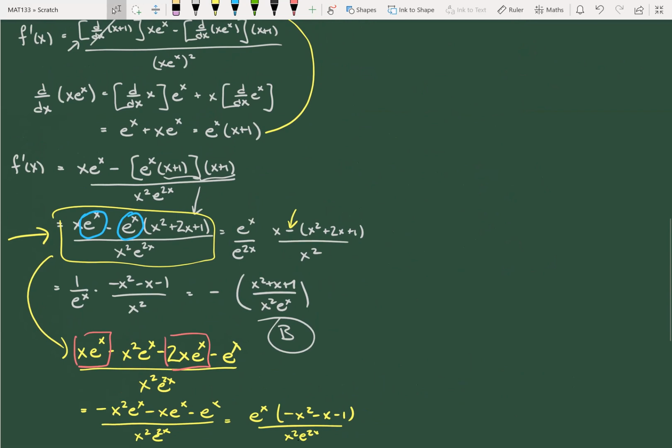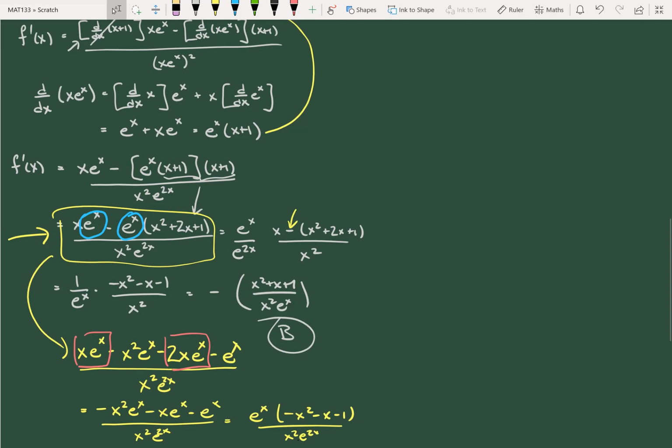Okay, in the final answer, when you factor out the negative 1, would the denominator become negative? It depends on what you mean by that. Because I factor the negative out of the numerator, I can just put it in front of everything.